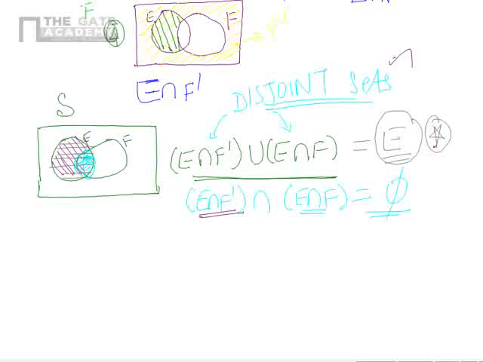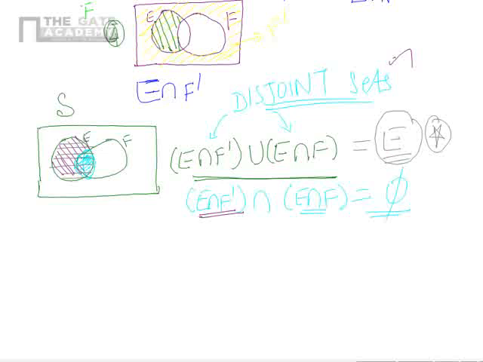This is a very, very powerful technique for splitting E into two disjoint sets. E intersection F complement and E intersection F are two disjoint sets. I split up a single set E into two disjoint sets.